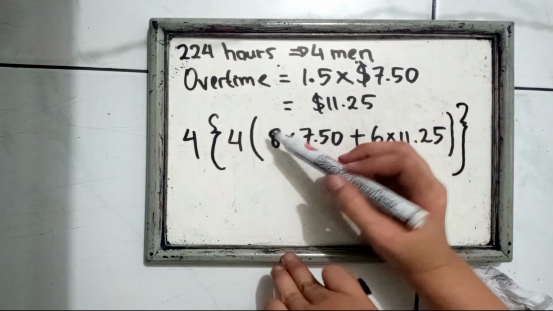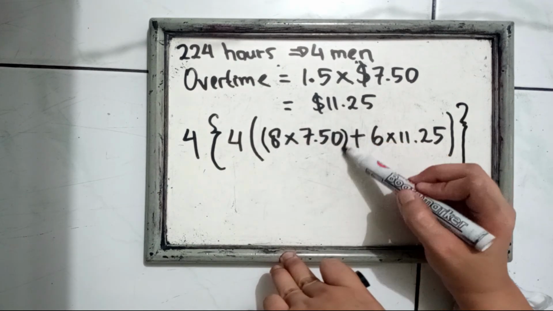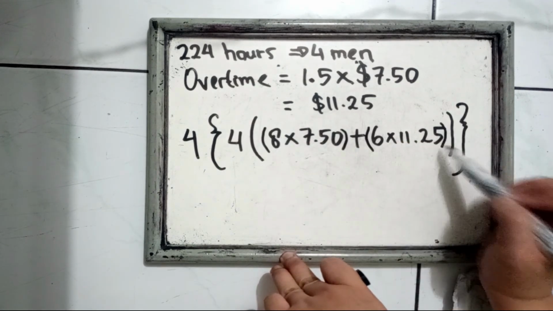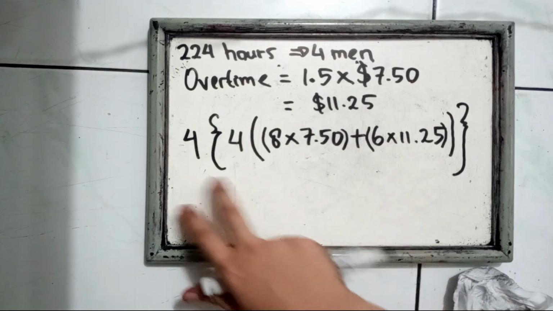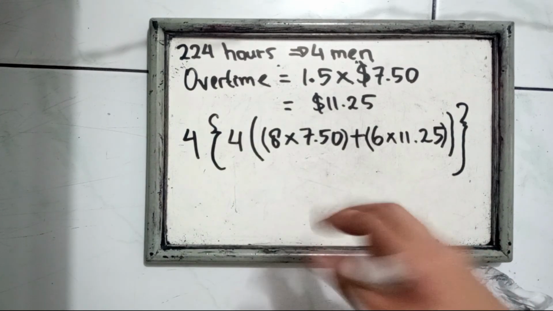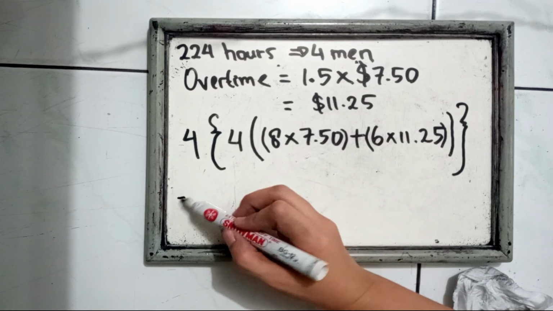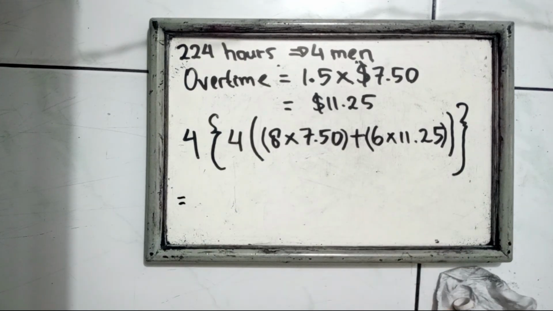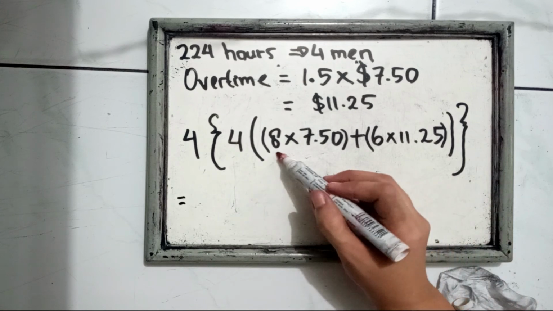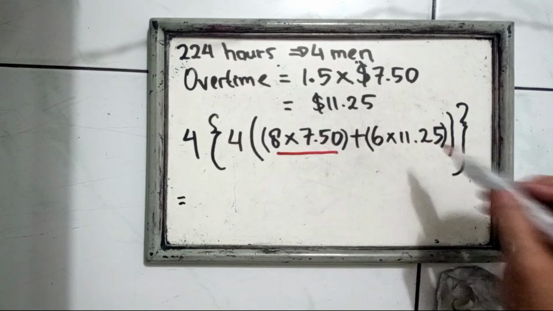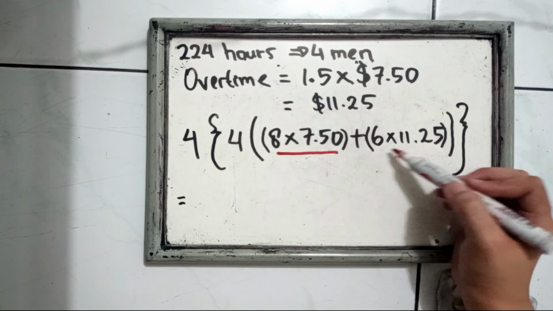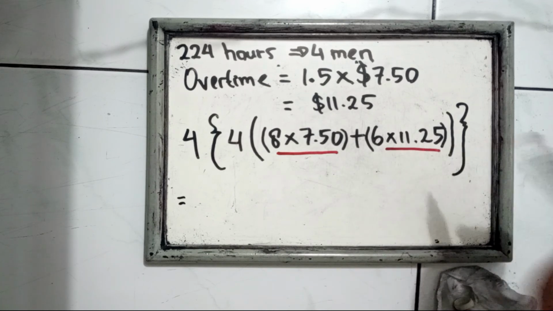Okay, so you do these words and then this one. Okay, after you find this is the total amount, the money that they will get, I will tell you the steps. First, find 8 times $7.50. Find 6 times $11.25.